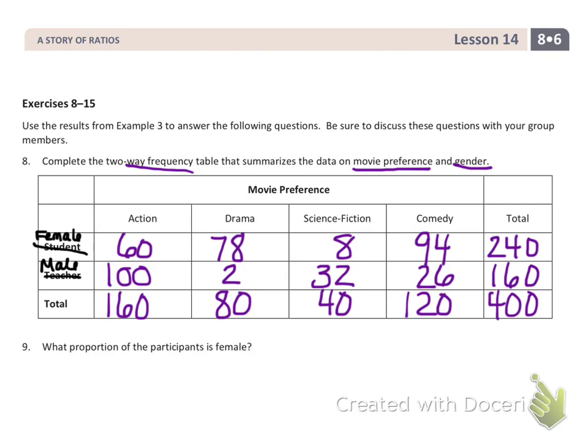Of the total participants, so out of 400, 240 are female. And so that represents a proportion of 0.6, or you could think of that as 60%, right? So 60% of the participants were female in this survey. All right, let's move on.